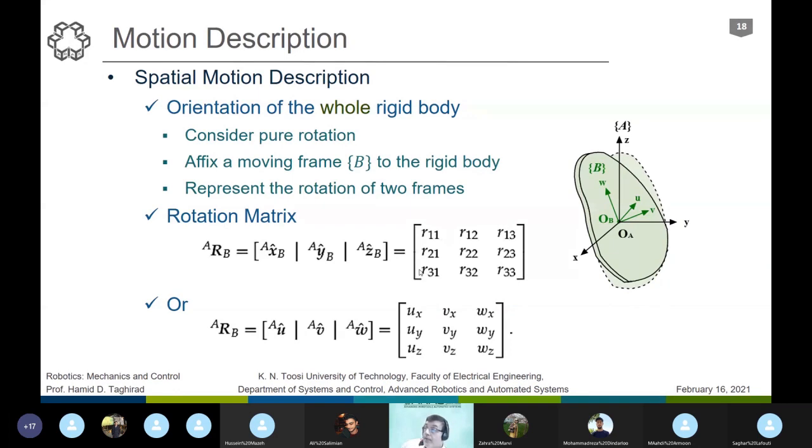And again, y hat B means the V. The y component of frame B is V, the V component in frame A, and again, the Z component in here. As you see, U, V, W in frame A, you can have UX, UY, UZ, VX, VY, VZ, and WX, WY, WZ.